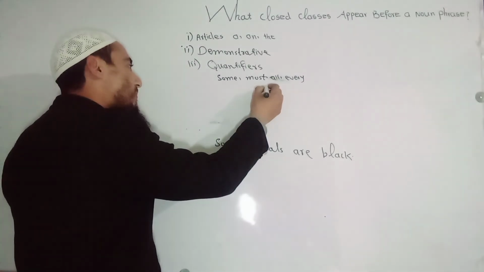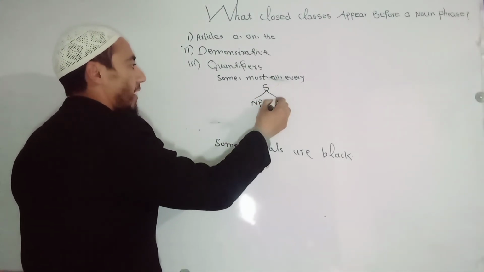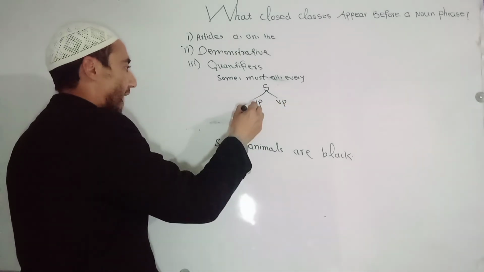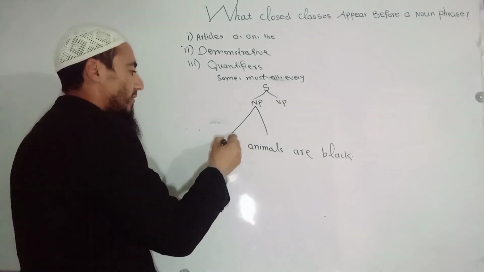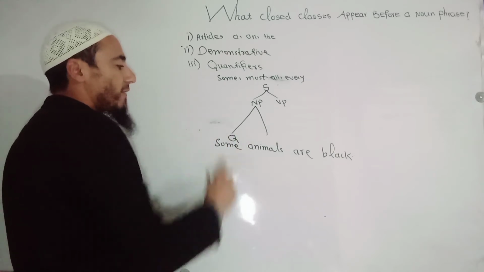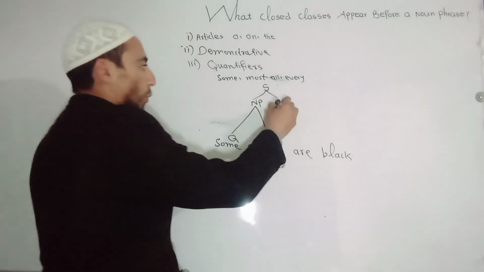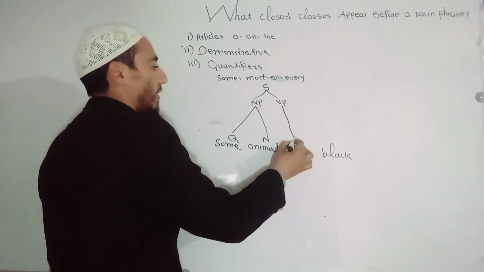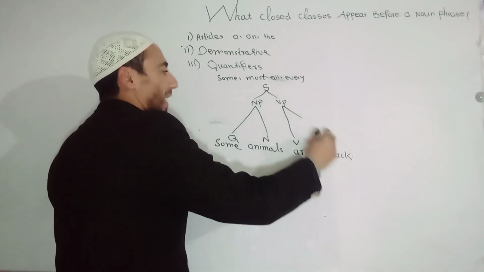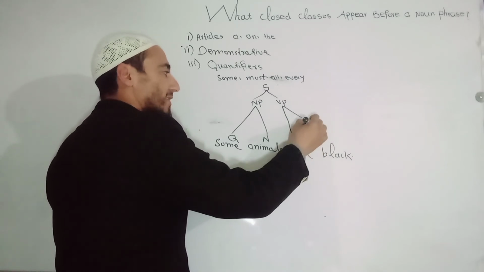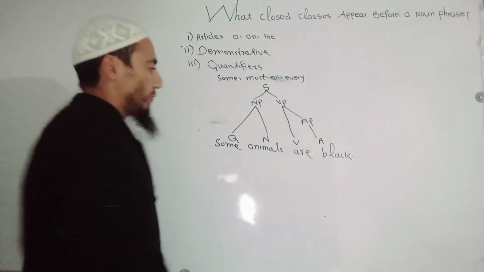The tree diagram would be: we have S, in S we have NP and VP, and now in NP we have what? Quantifier, that is some. So for quantifier we write Q, and for animals we write N, that is noun. VP is what? VP is the rest. And we are taking black, that is another string for it, that is AP. AP means adjective phrase, and black is an adjective.